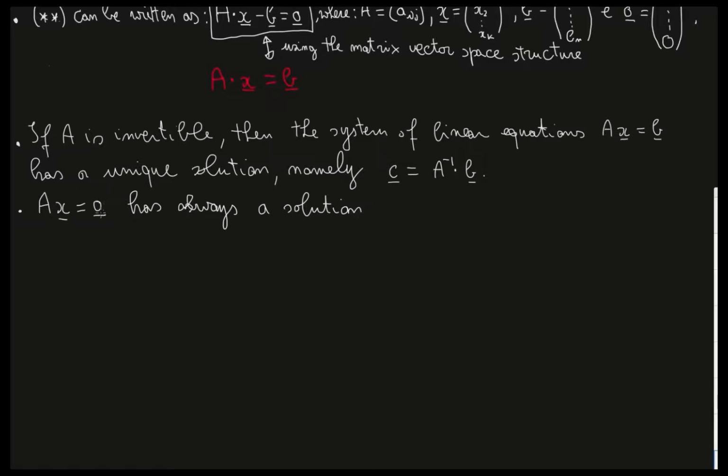This is called a homogeneous linear system. It always has a solution, namely the null solution X equals 0, because if you substitute for X the null vector, then A times X is going to be the null vector, and therefore this equality is satisfied. So it always has at least one solution, which is the null vector.